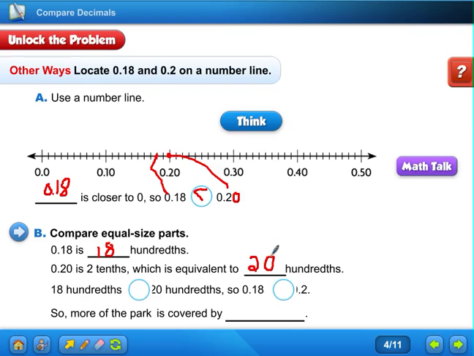And that's just what I told you right here and in the slide before. 18 hundredths is less than 20.